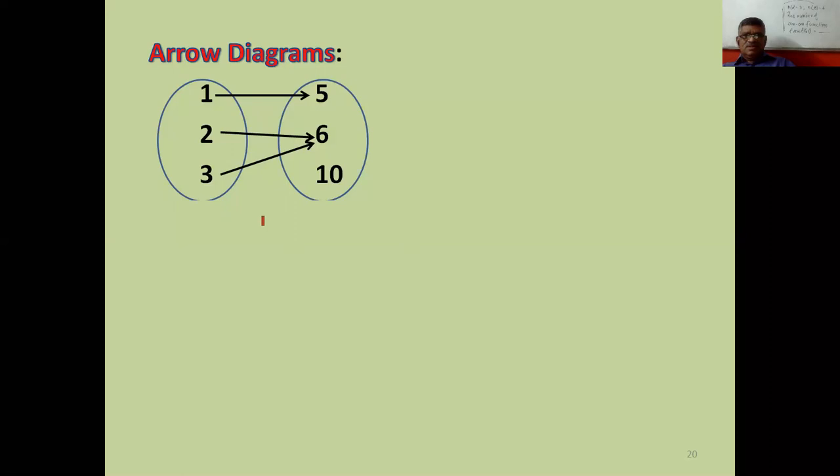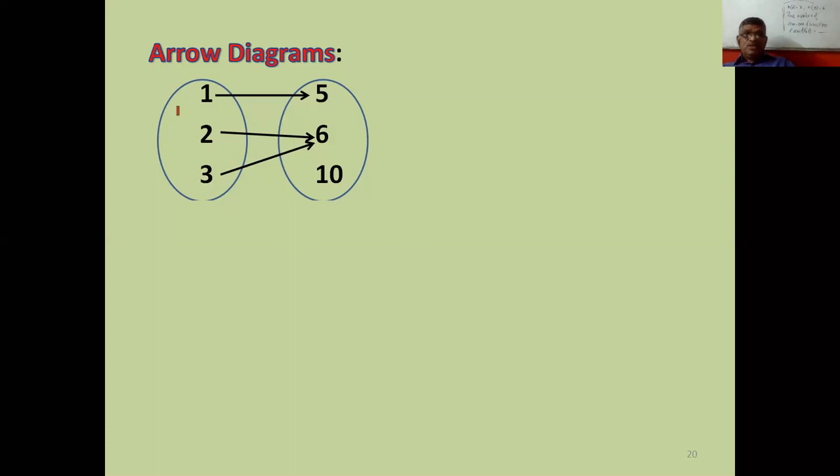Sir, this is not a function. Why not? Put your argument. Then only I will know why it is not a function. Sir, because there is no unique image.